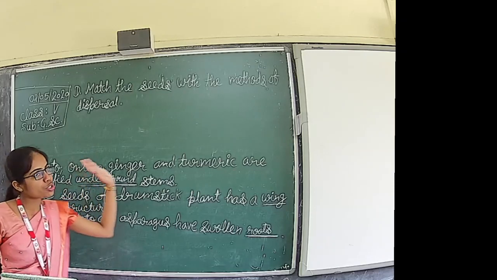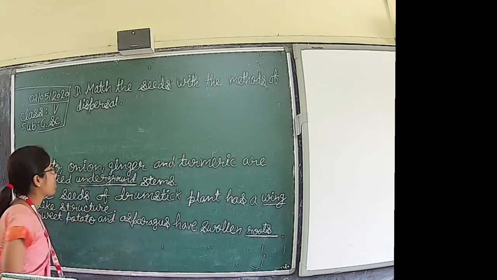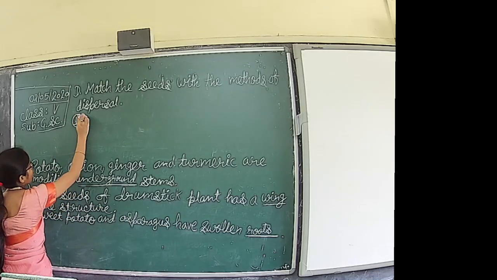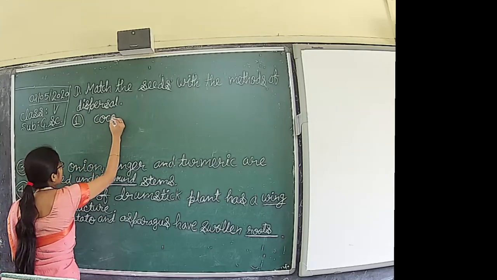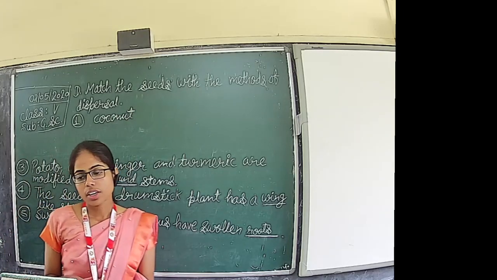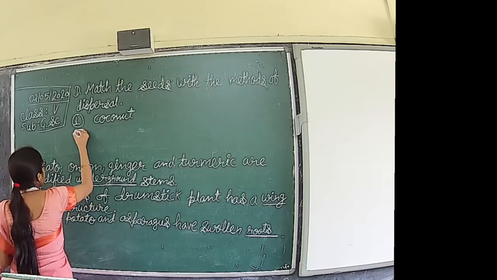Now we will have two columns, and we will match. The first column is of the seeds and the second column is of the agents. First one is coconut. Then second one is sunflower.